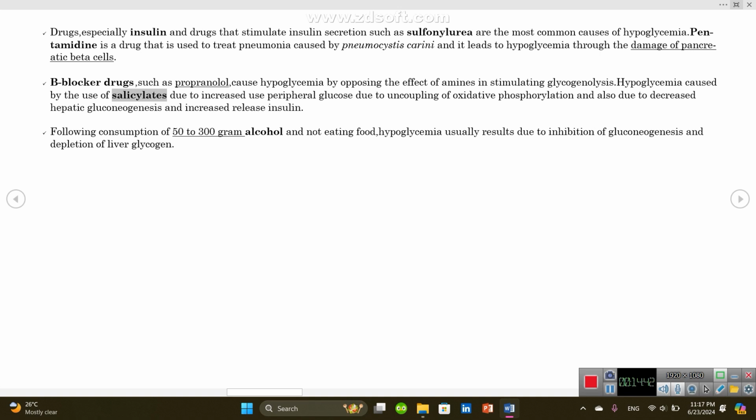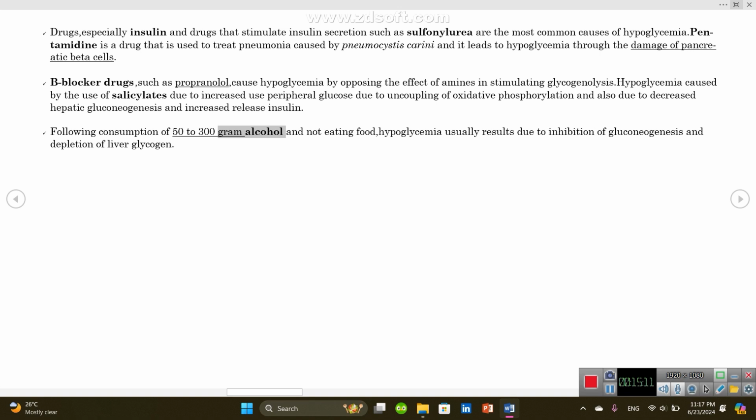And the last reason to cause hypoglycemia is alcohol. I hate it because alcohol can damage all of your organs, like kidneys, heart, brain, liver, and stomach, and so on.